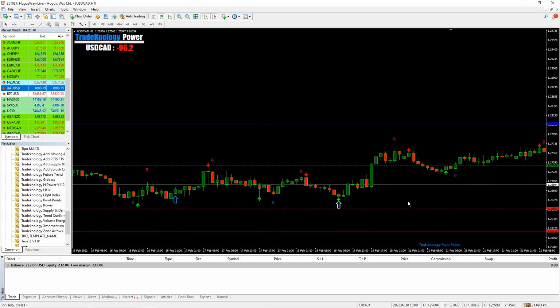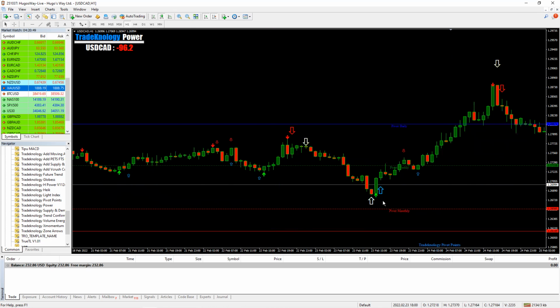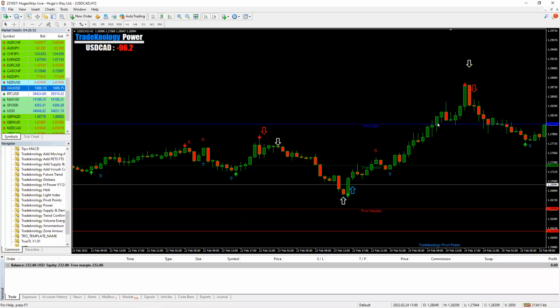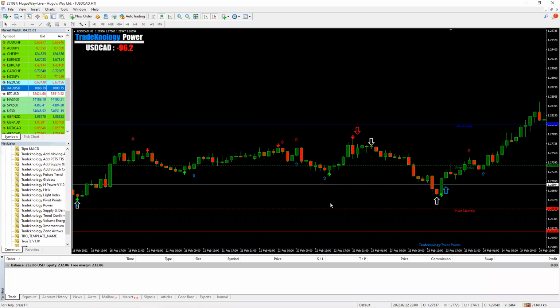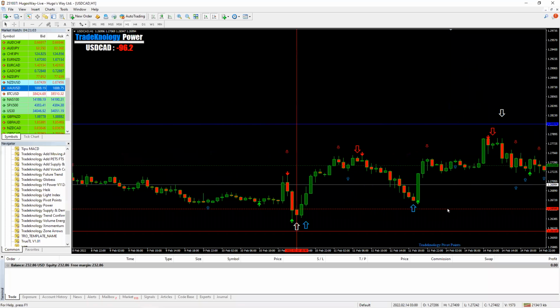So let's take a look. We never hit the stop loss, and here's your take profit 2. So as you can see, we hit both take profits and never hit the stop loss. Now, how long did it take for the second trade?